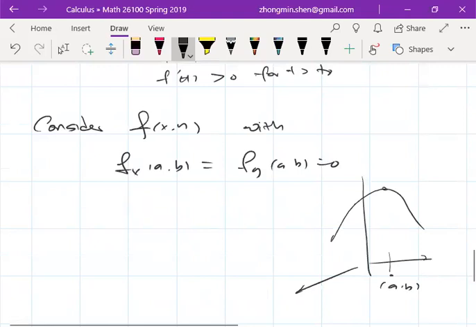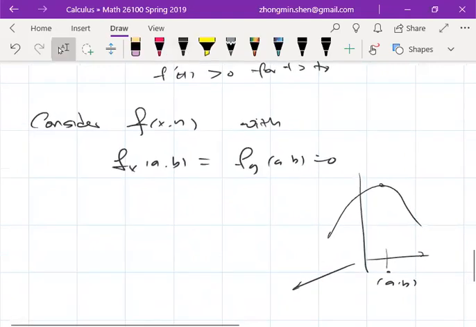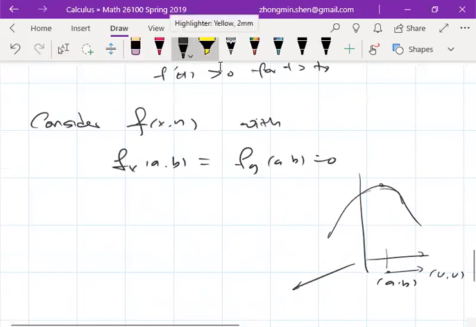That's why the directional derivative is studied first. So I consider an arbitrary direction, u and v. Then you get the corresponding function. That function may be called h of t. This is going to be f of a plus tu, b plus tv.